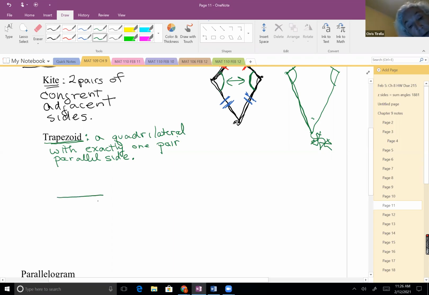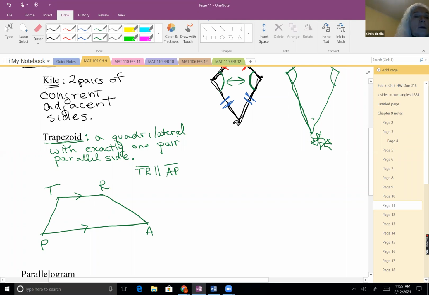So over here, I'm going to try to draw a pair of parallel sides. And I'm not real great at drawing. And we'll call this TRAP. And so TR will be parallel to AP. Because they're parallel, I picture this parallel line extending and this parallel line extending. Can I look at this as a transversal?